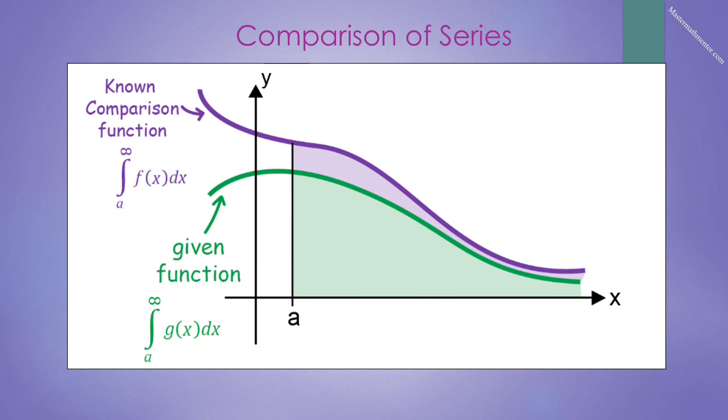The direct comparison test is difficult to use. You have to have a sixth sense whether your series is convergent or divergent, which helps you to choose your comparison series. And as we saw in number 2, the comparison series may give an inconclusive result.